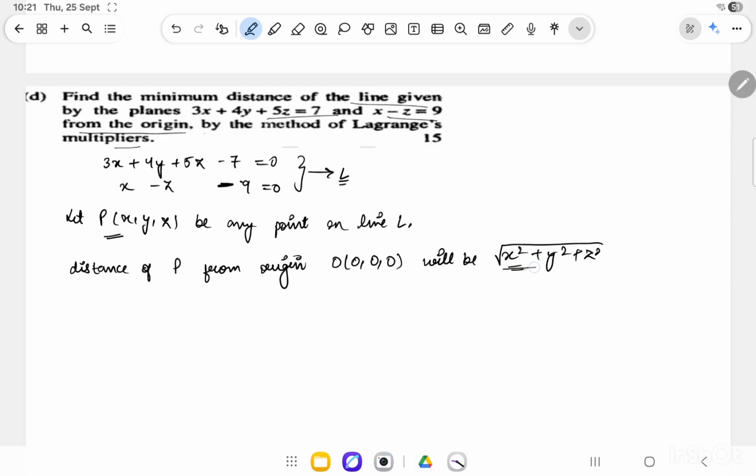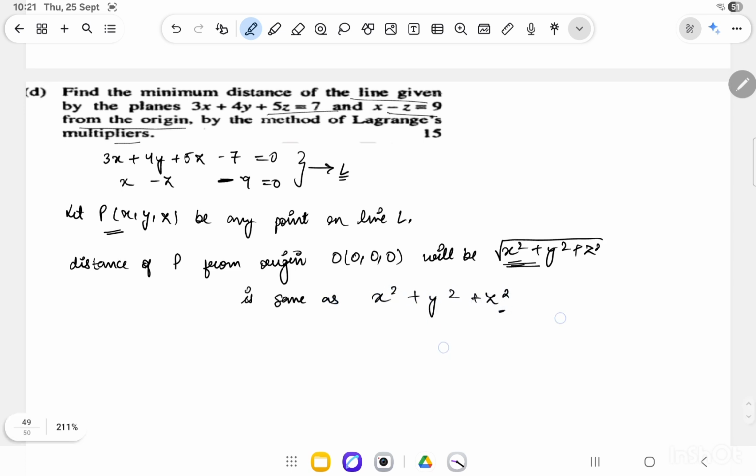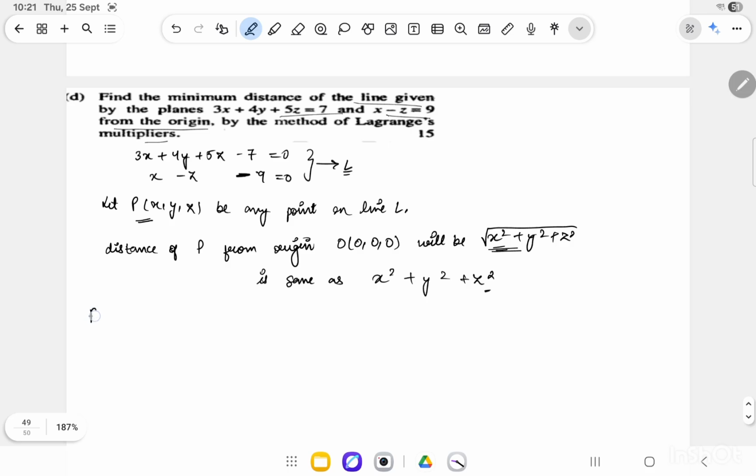So minimizing this distance is same as minimizing the square of distance, that is x square plus y square plus z square.